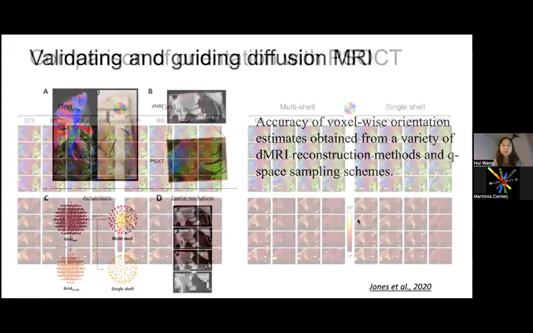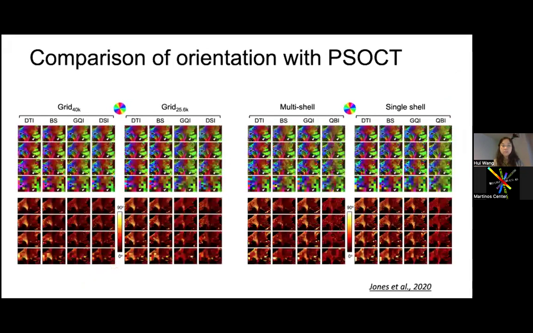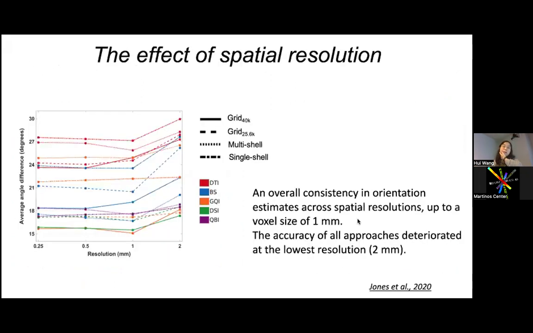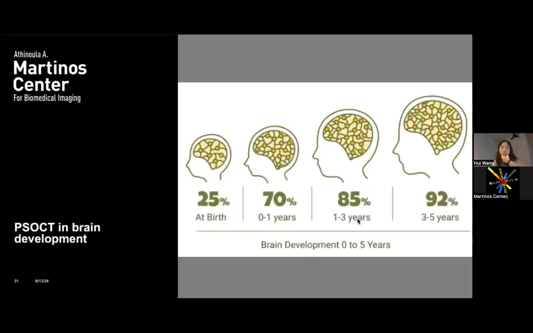We showed that PSOCT helps to characterize different acquisition and reconstruction methods to know their errors better, as well as the resolution requirement for diffusion MR to see the tracts correctly.